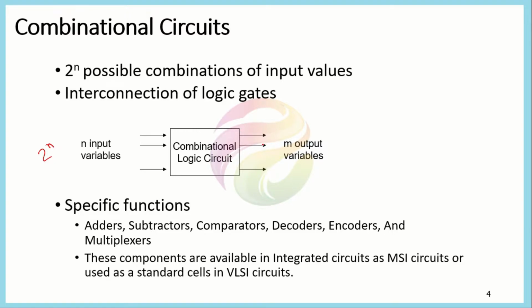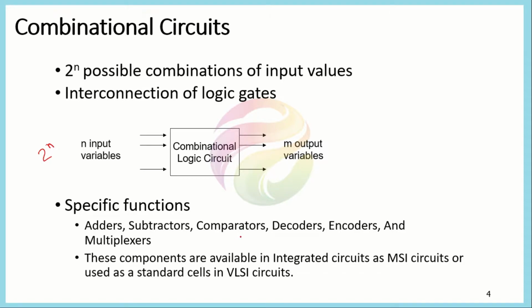Combinational logic is a circuit in which we have a combination of outputs which are dependent on the current values of the input. We will be discussing a lot of these systems in this part of the course: the adders, subtractors, comparators, decoders, encoders, and the multiplexer.